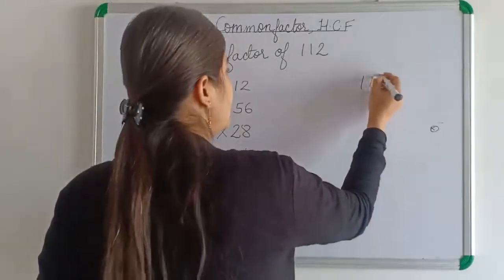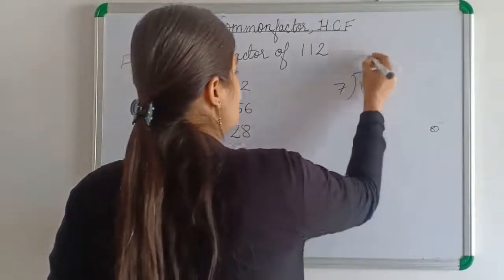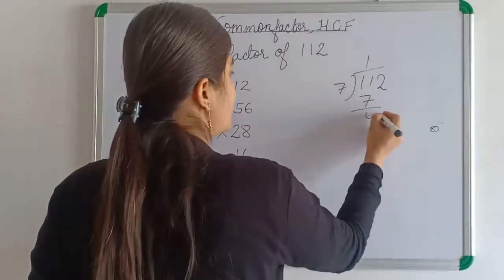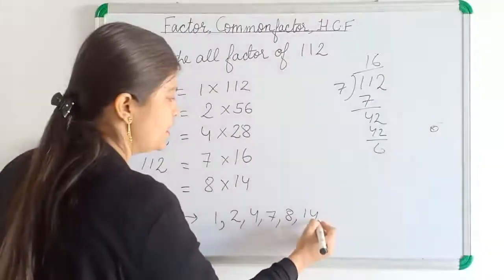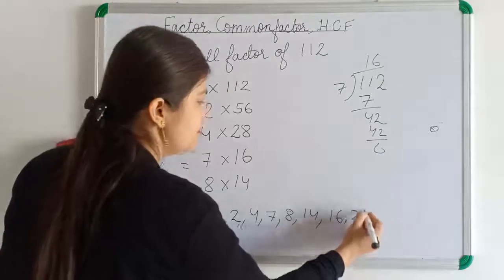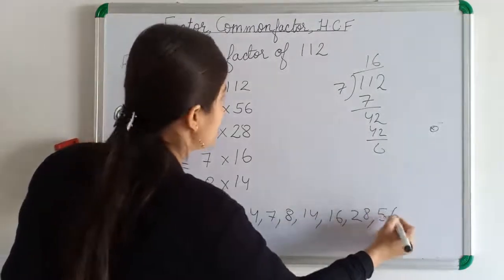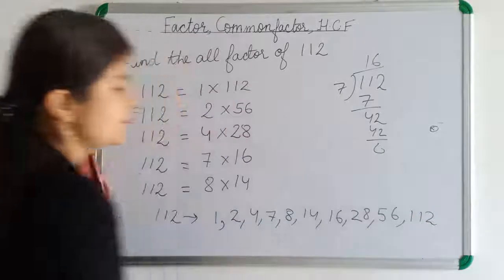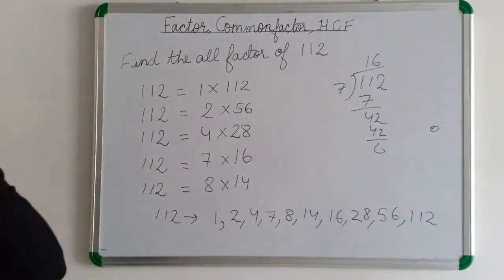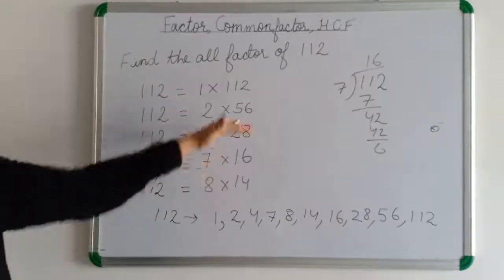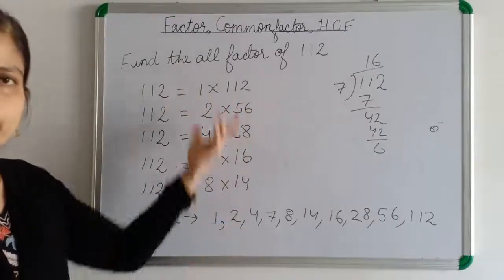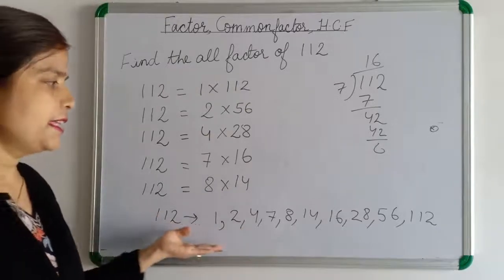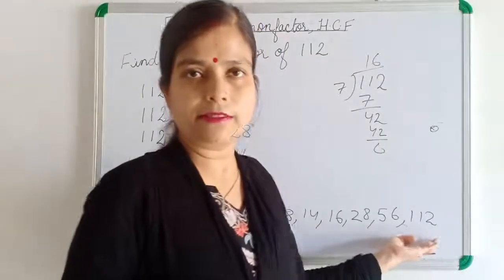When you are dividing 112 by 7, 7 ones are 7 and then 7 sixes are 42. So here it is 16. So 8, 14, 16, 28, 56 and 112. So by dividing with each number we can find all the combinations of the product of two numbers here, and by that we can find all the factors.